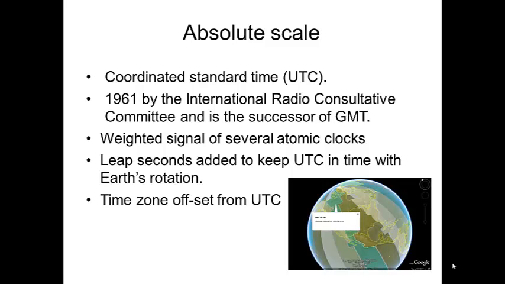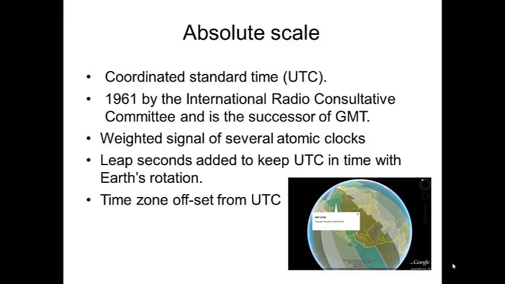The absolute scales require a zero and, well, they don't require an agreed standard, but the absolute scale that you're most likely to come across is called UTC, Coordinated Universal Time. And that is time in the modern period, okay?